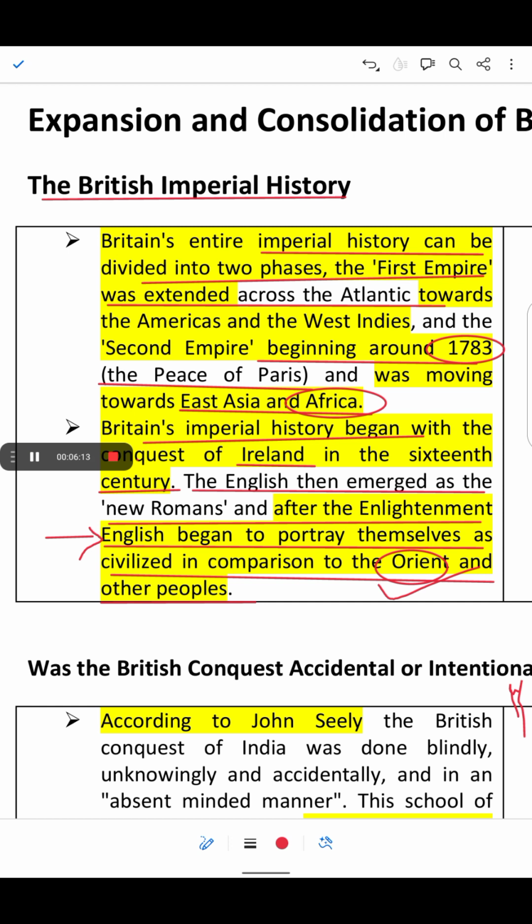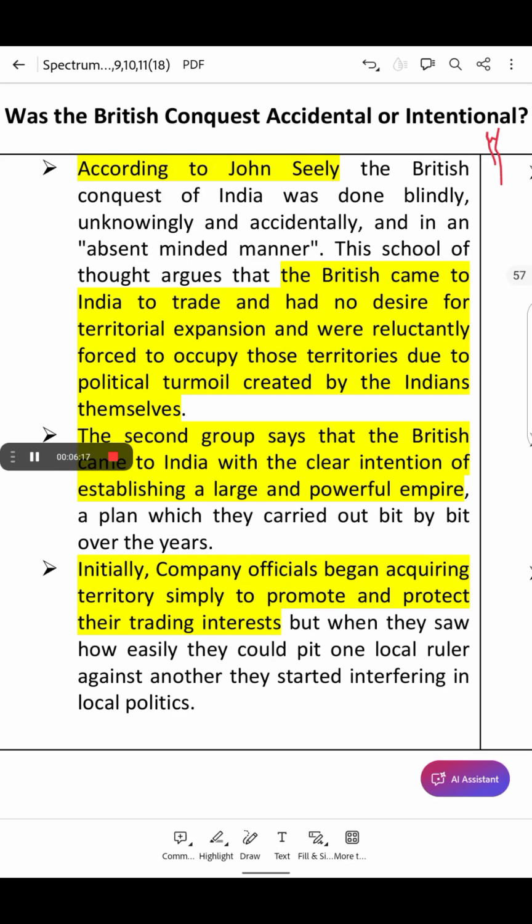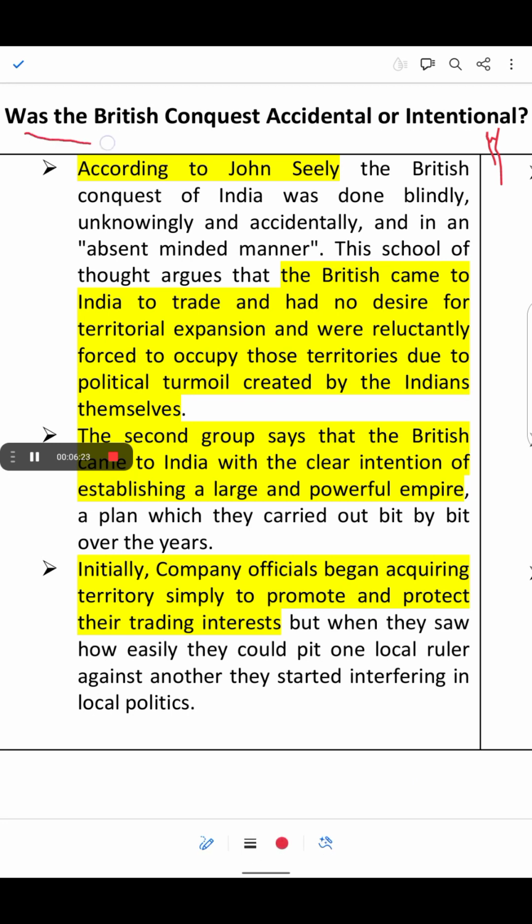Now the next question is: was the British conquest accidental or intentional? According to John Seeley, the British conquest of India was done blindly, unknowingly and accidentally, in an absent-minded manner.